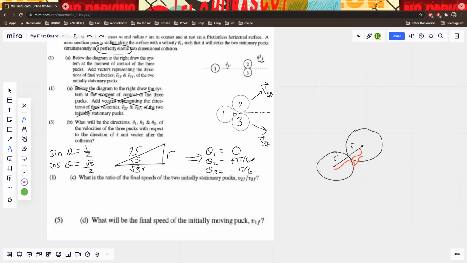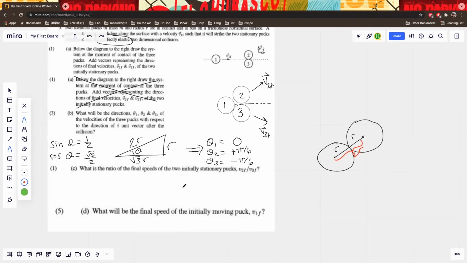I messed up when I said pi over 4. It makes sense. We basically just made a special triangle, and then it's just flipped for the other particle. So that's why it's minus pi by 6, right? Yeah.